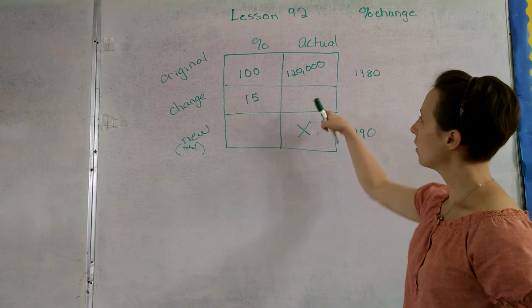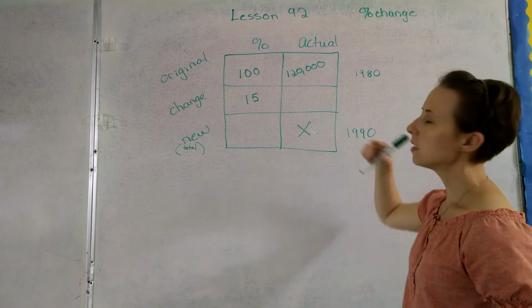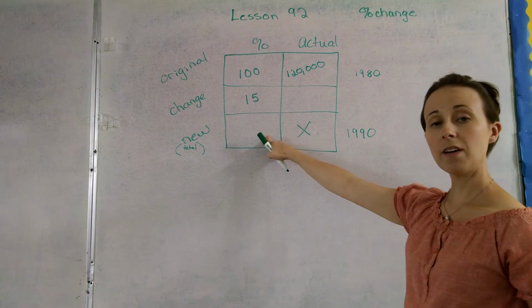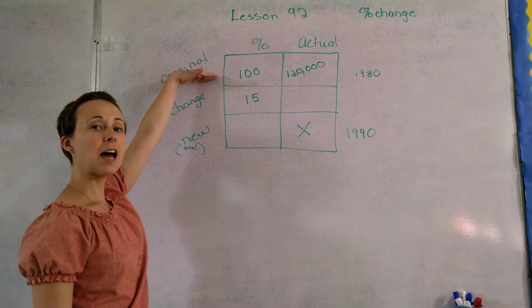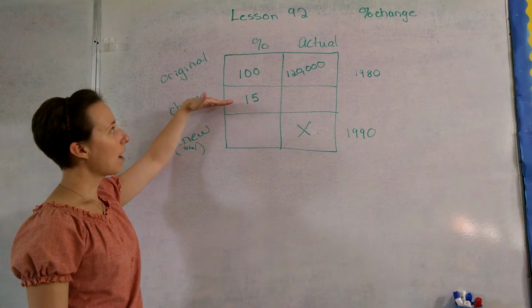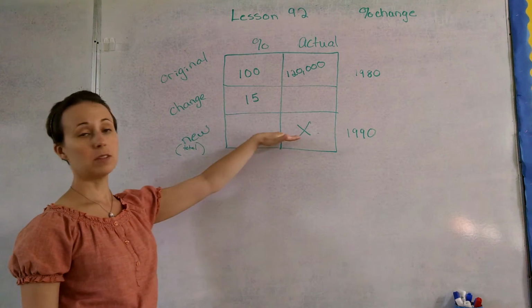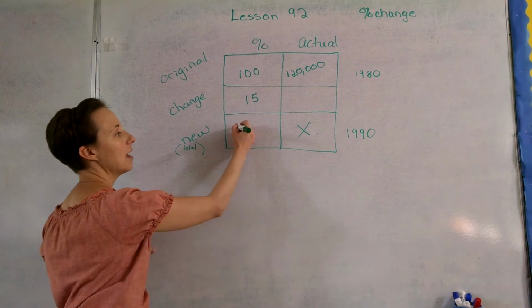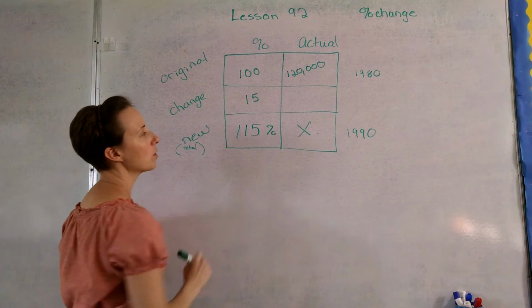Well, I could help solve for this, but that wouldn't help me find this. Oh, I can find my new number very easily. If originally I had 100%, and now I have a 15% change, that means that my new amount, whatever it may be, is going to be 115% of the original.